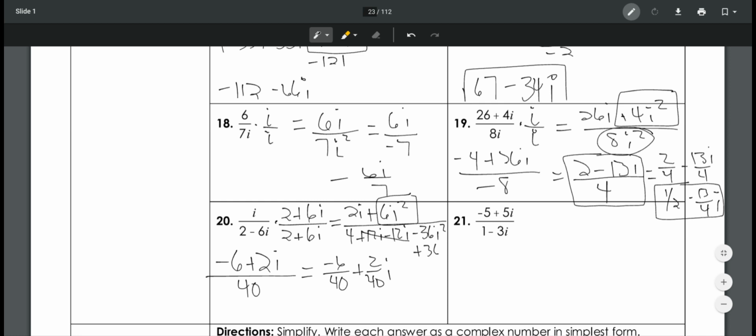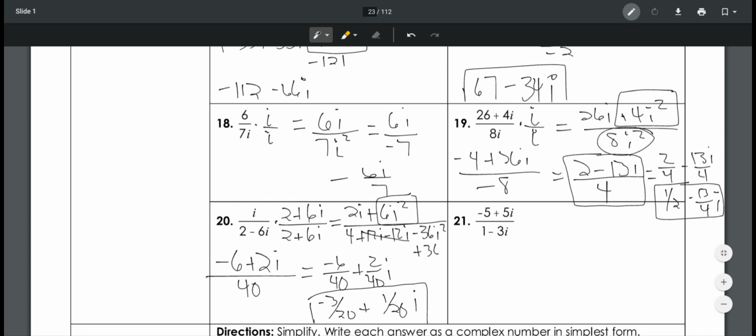When you reduce that, you get -3 over 20 plus 1 over 20i. I highly recommend that all final answers be written as a plus bi, a true complex number.